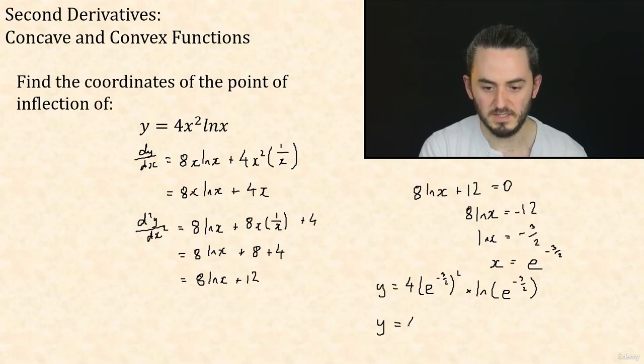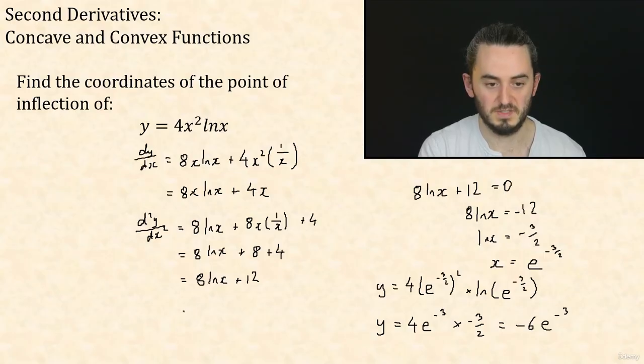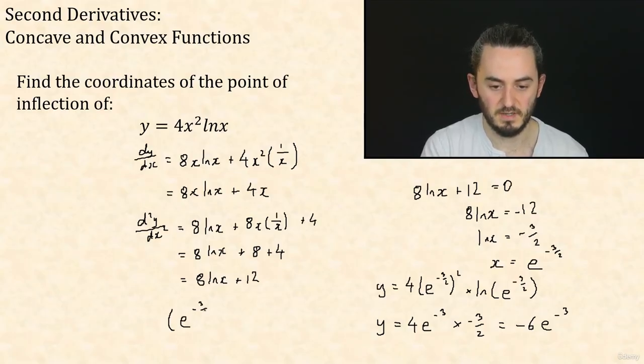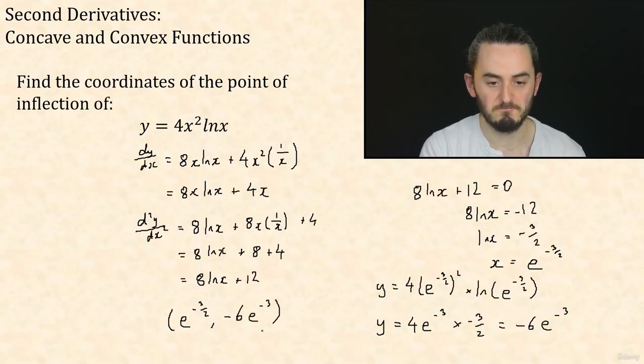And this over here is 4e to the minus 3. So slightly messy, but what I've got is minus 3 over 2 times 4 is minus 6, so it's minus 6e to the minus 3. So the coordinates of my point of inflection are e to the minus 3 over 2 and a y value of minus 6e to the minus 3.